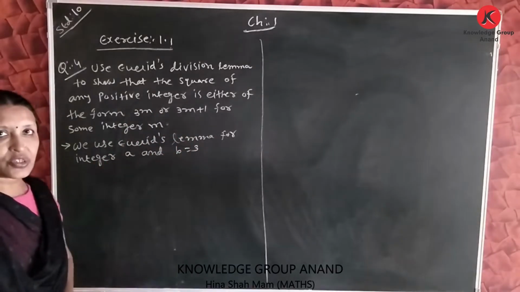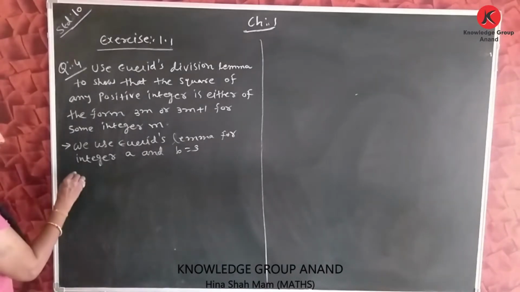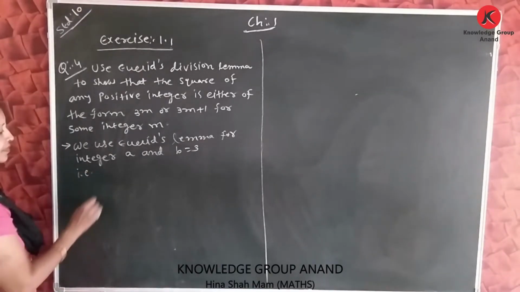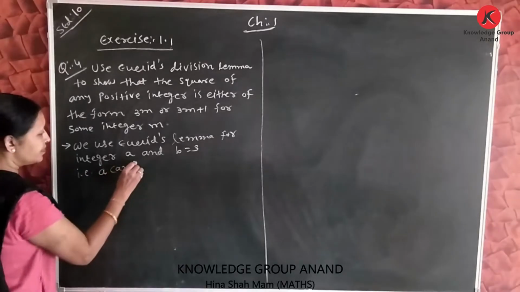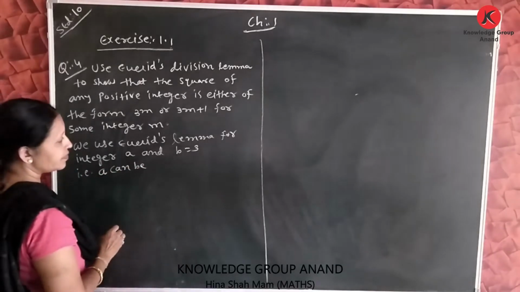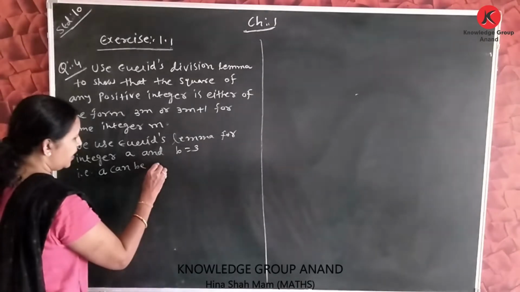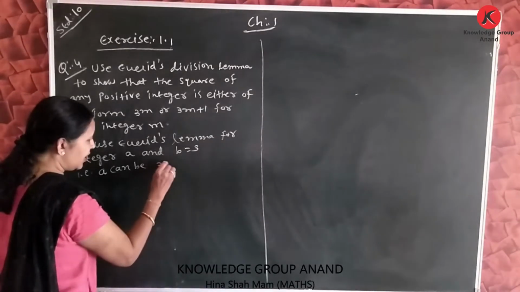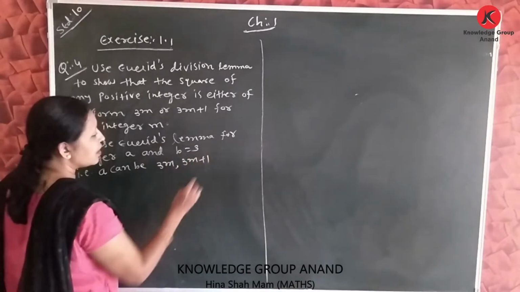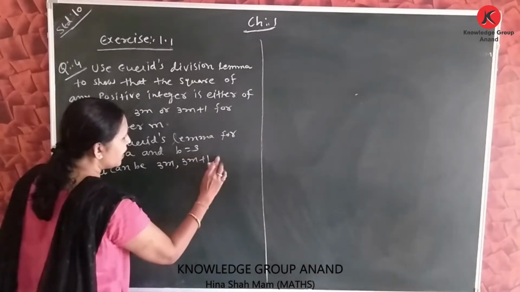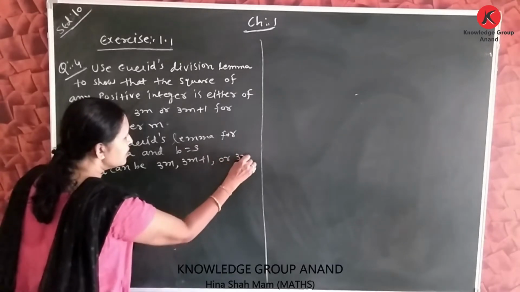Therefore, b is equal to 3. That is, a can be 3m, 3m plus 1, or 3m plus 2.